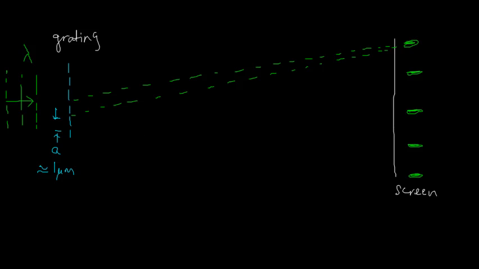Okay, that's tricky. Let me do something else first. Let me draw a horizontal line from in between those two slits to the screen. Okay, that's a horizontal line, and another horizontal line from in between the slits to that fringe.